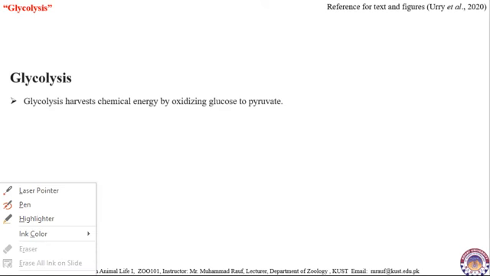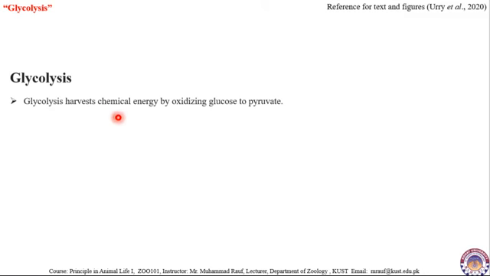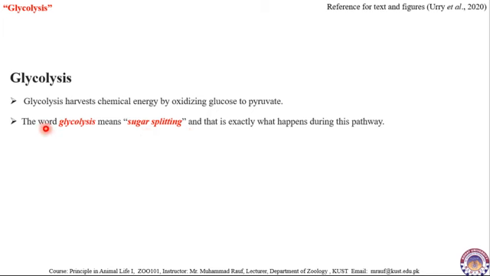Glycolysis harvests chemical energy by oxidizing glucose to pyruvate. So in this process, a 6-carbon molecule glucose is broken down into 2 molecules of pyruvic acid, each having 3 carbons. The word glycolysis means sugar splitting. Sugar refers to the glucose and splitting means the breakdown, and that is exactly what happens during this pathway.